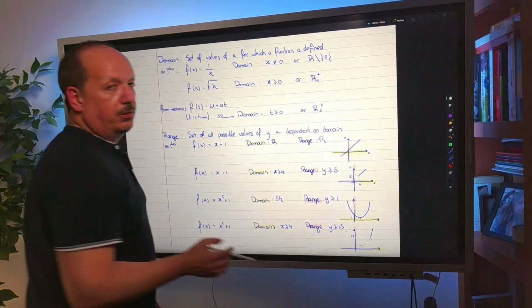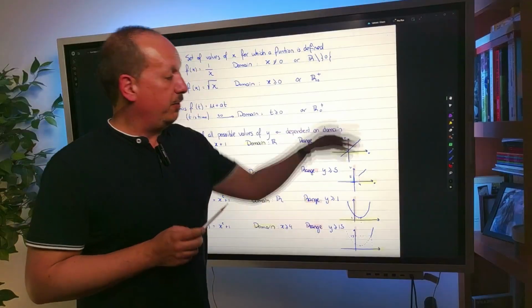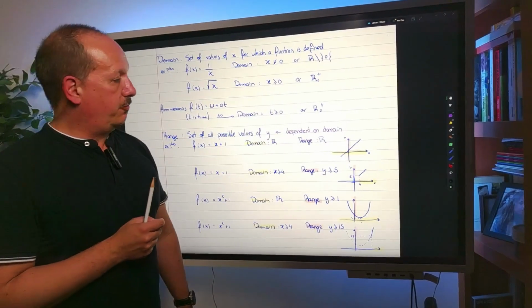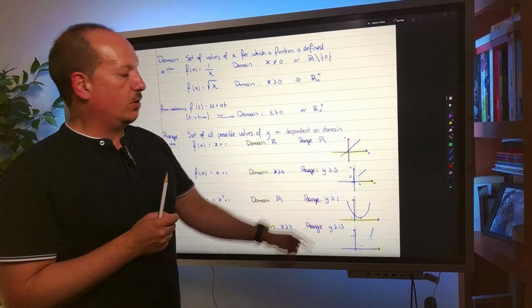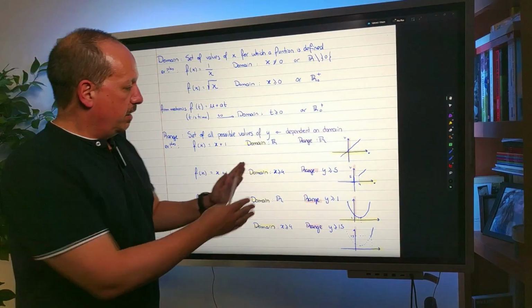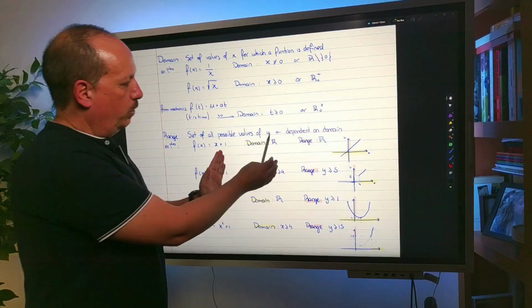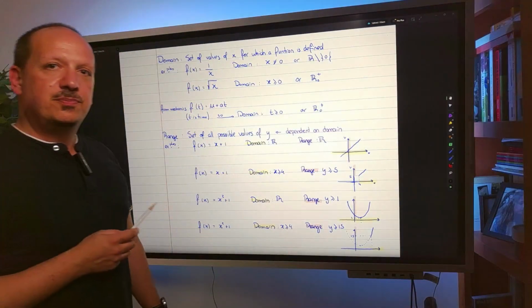So the possible values of y start on 5 and then go up forever, okay? So what is the range of the function? Y bigger or equal to 5. See here how a change in the domain will cause a change in the range?